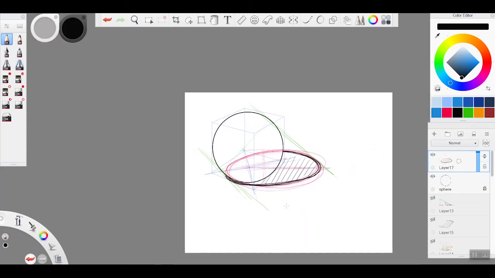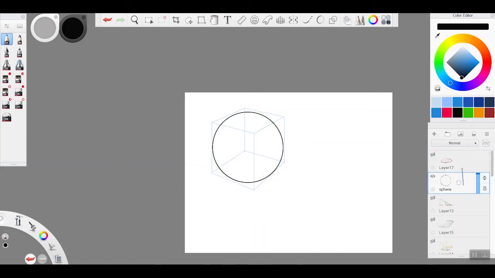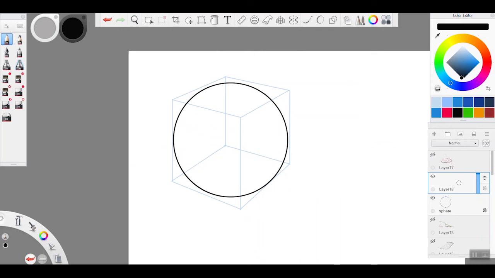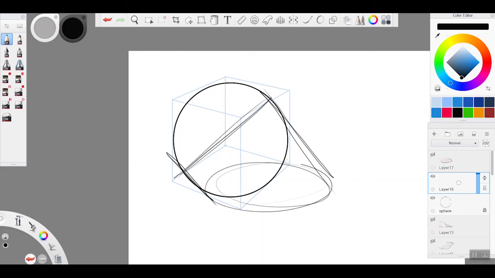Another way to think about this is it's as if we're plotting a cylinder onto the ground that's passing, you know, if this is the face of a cylinder here, the shadow might represent the base of the cylinder that's passing through this sphere.